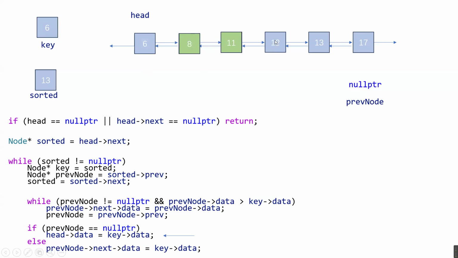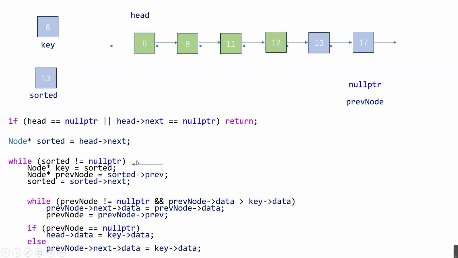When the element is greater than the key, we just buffer, I mean, transfer from left to right, right? So in this step we transfer all the elements of the sequence from left to right, just one step, and insert the key into the head, and set the head equal to the key, right?